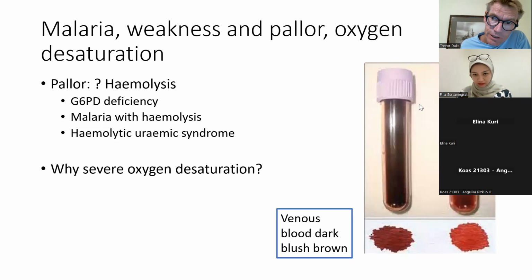This is his blood, and his blood looked very brown, if you like. It was a brownish color compared with normal venous blood, which is not normally quite so brown.